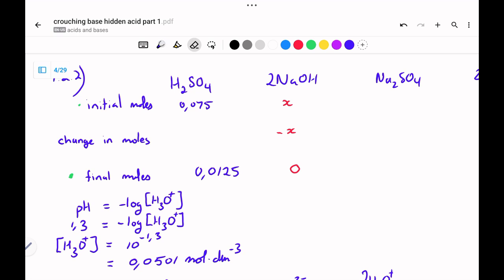Okay, so now I'm going to take the difference. I'm going to say this one minus this one here minus this one. That'll give me the change.